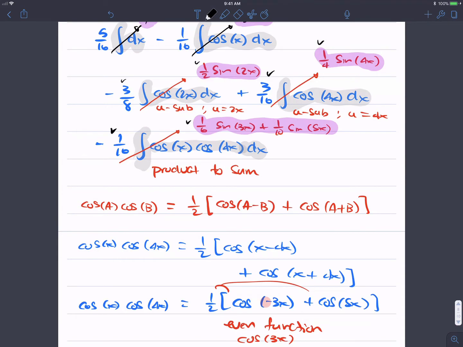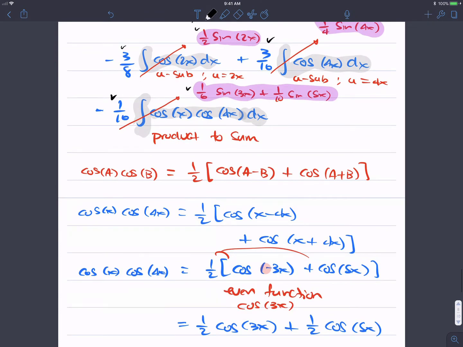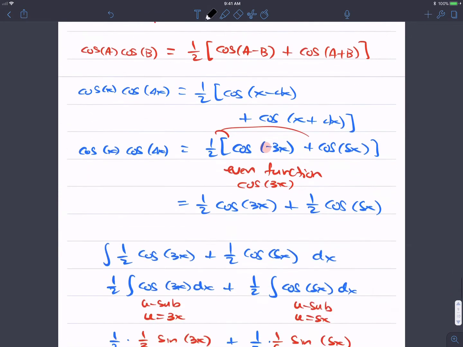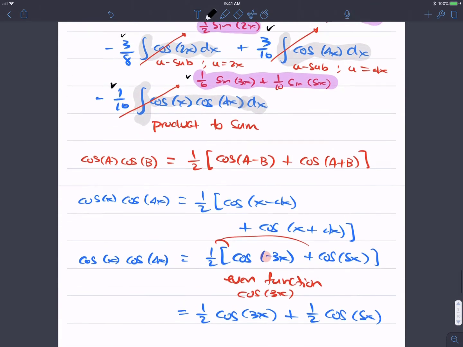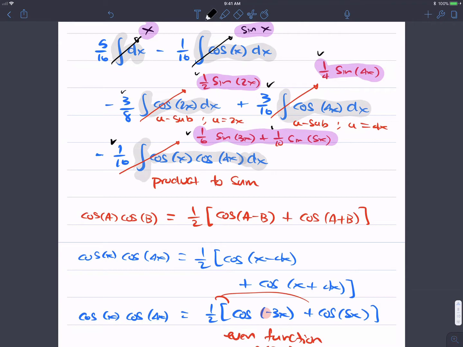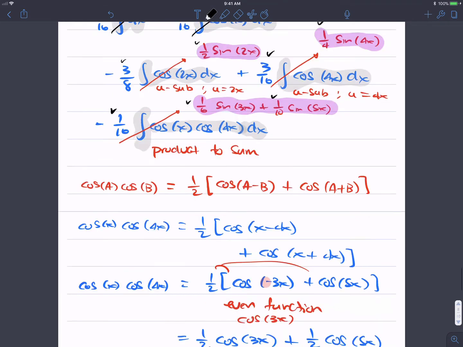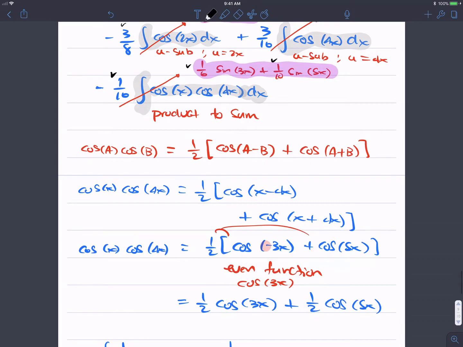That gives you minus 1 over 96 sine 3x. And then you have the minus 1/16 times the 1/10, so that gives me minus 1 over 160 sine of 5x.